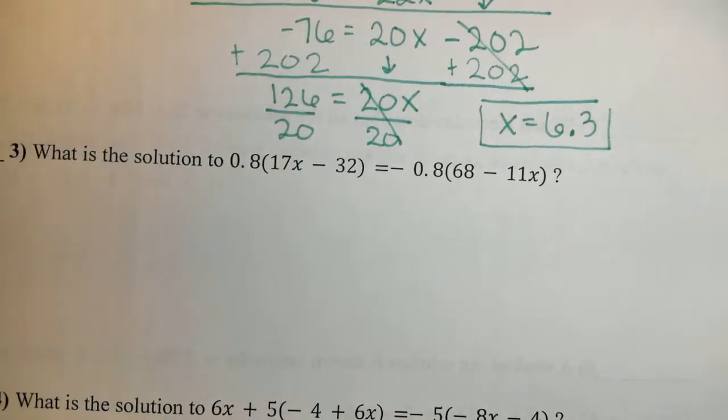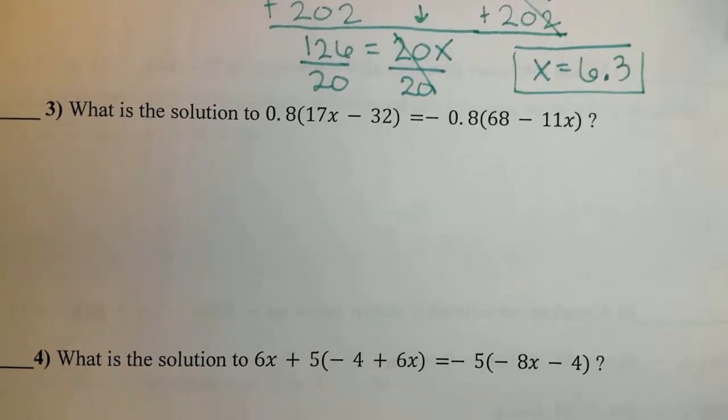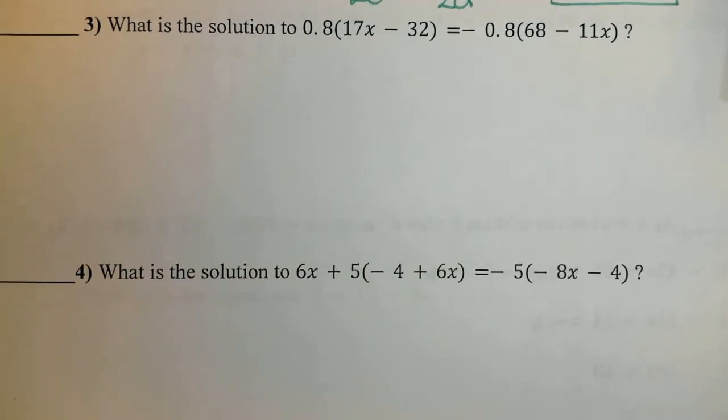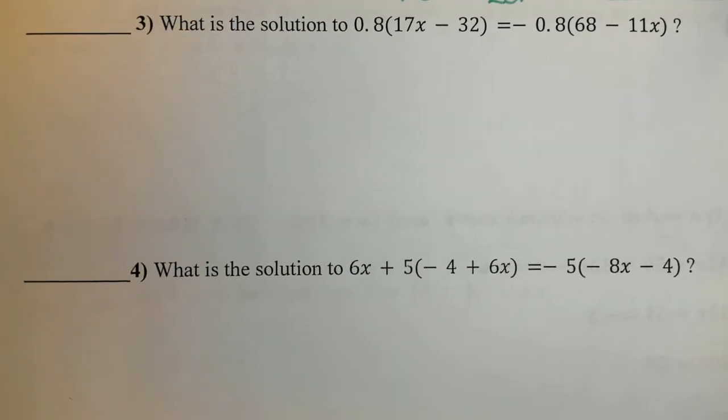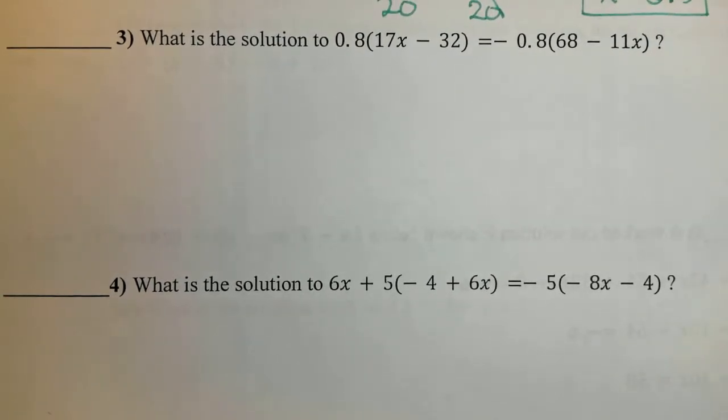So you should have decimal answers on here. Don't think it's odd if you get a decimal and think, oh no, I did something wrong. Don't think that. Decimals are fine. You should get some.